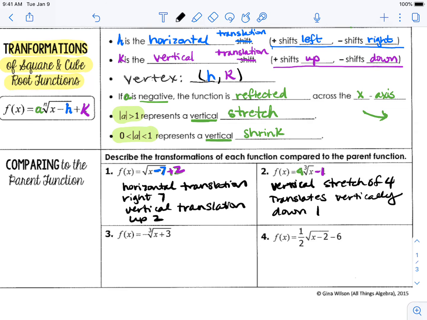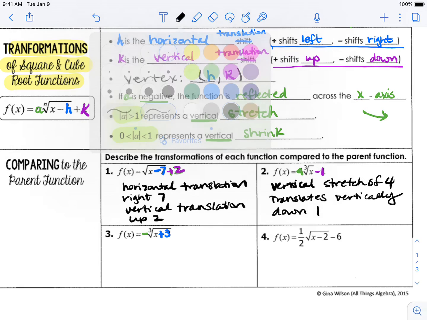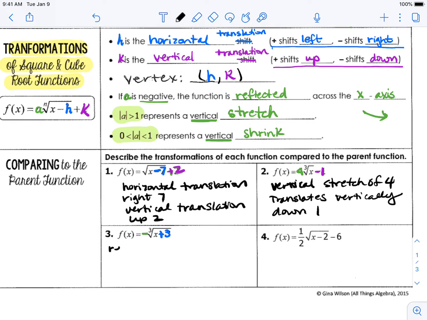Number 3, I have my A being this negative out here, which really means it's a -1, and I have my H being a +3 in here. That tells me that I have it reflected across the x-axis, that's my negative out front, and then it's moving left 3.